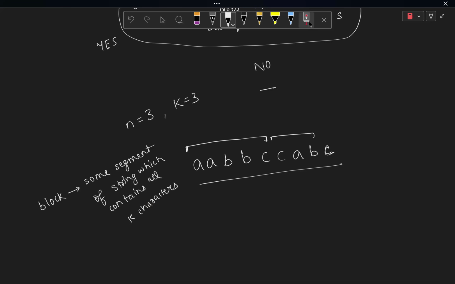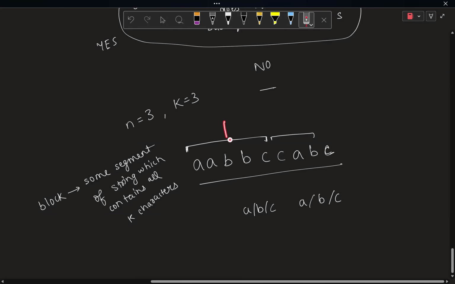Then this is the second block in which A, B, and C are all coming. So if the string I create has any character of A, B, or C as the first character, then any character of A, B, or C as the second character, you can easily find a subsequence. Maybe if I have a B, then a C, and for the third character, if I have a C, all these strings can definitely be created.